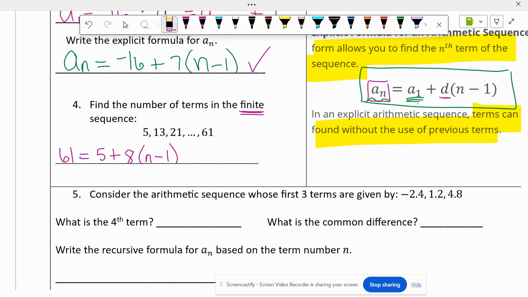I have to solve it to find out how many terms are in the sequence. How am I going to solve this equation? Well, first thing I'm going to do is distribute. So that gives me 61 equals 5 plus 8n minus 8. 5 minus 8 is what?